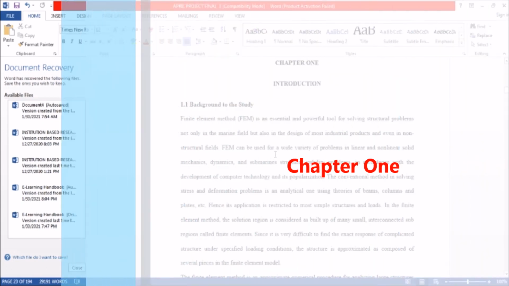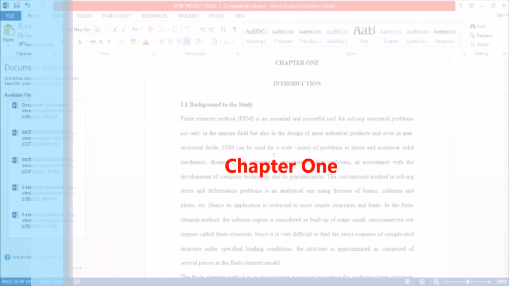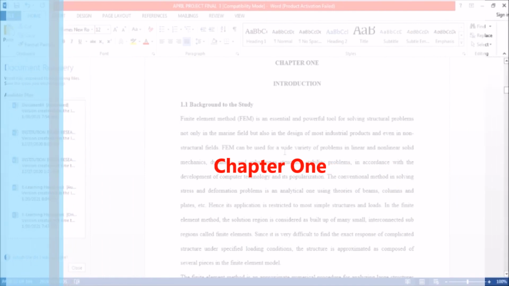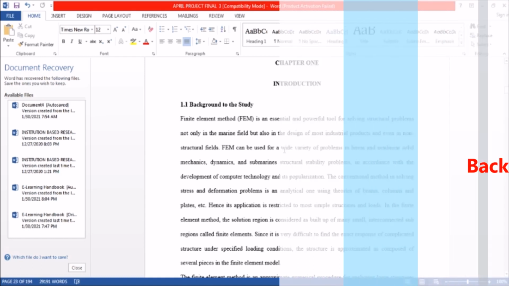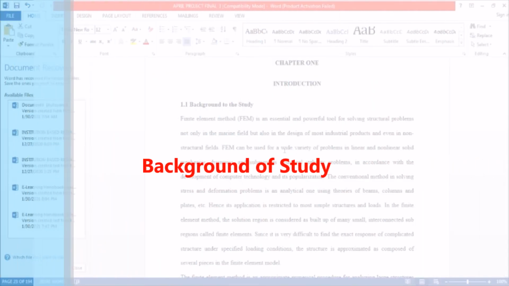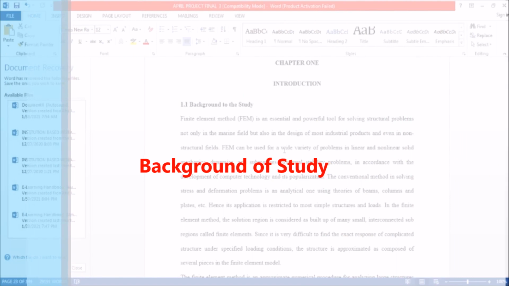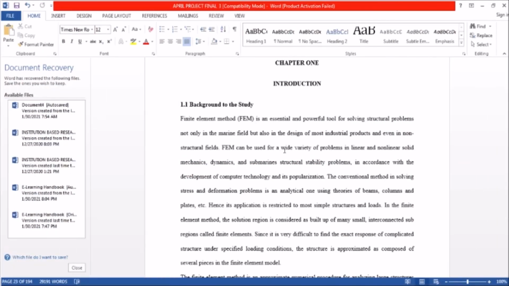So under chapter 1, the first thing we consider is the background of the study. And in the background of the study, what we're looking at are the people whose previous work, or the previous researchers, laid the foundation for what you are researching on. Because any topic you're working on cannot be entirely new. Even if the topic is new, the concept may not be entirely new.